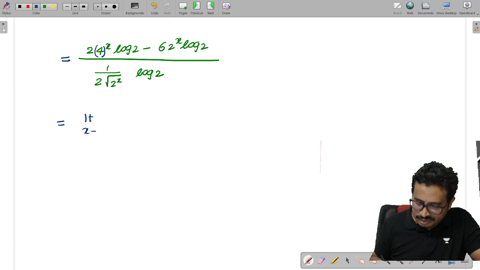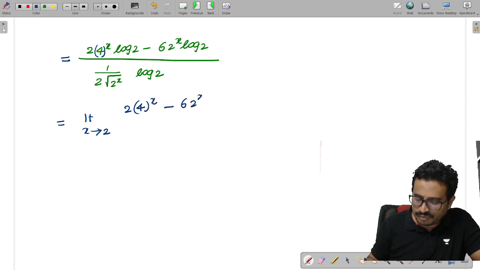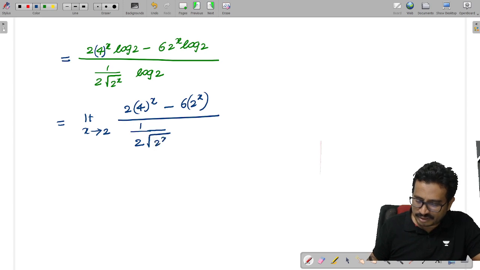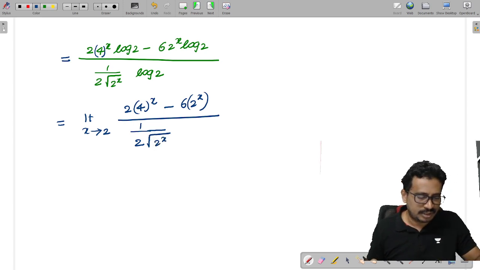Limit x tends to 2 of (2 into 4 power x minus 6 into 2 power x) by (1 by 2 into square root of 2 power x). Isn't it?